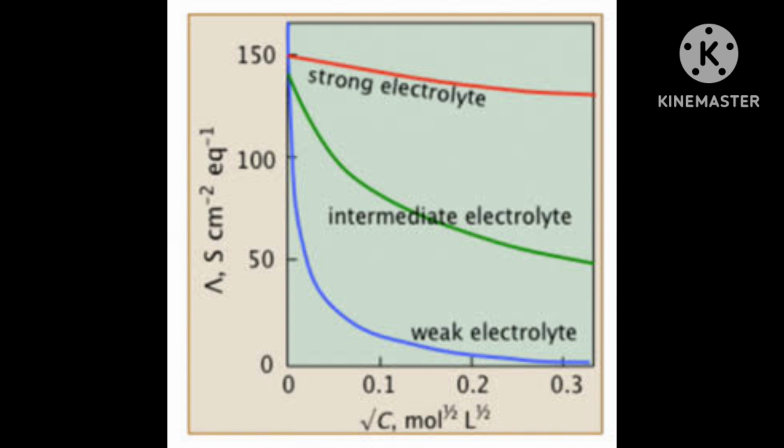And now your problem is solved, because the cell constant value you will quickly come to know, because R is equal to L divided by kappa into A. This is the relation.